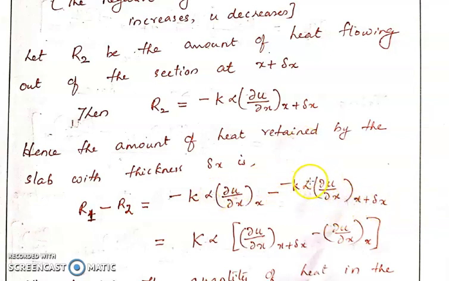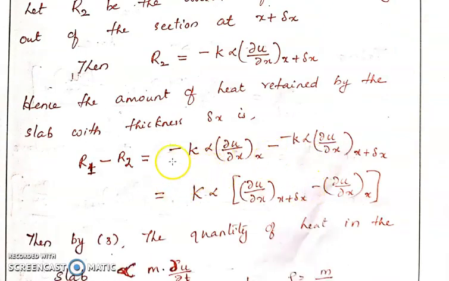Here the second term becomes positive and we can take K alpha common. So this is equal to K alpha into dou u by dou x at x plus delta x minus dou u by dou x at x.